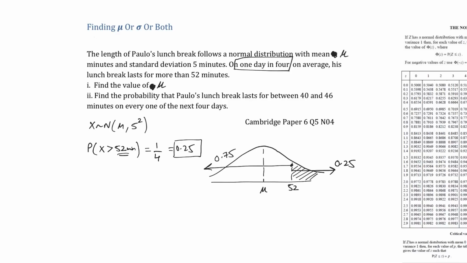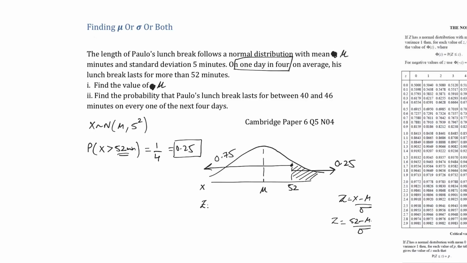Now these are the x values. For the z value, you will use the transformation z equals x minus mu over sigma, and 52 minus mu over sigma would be equal to the z value. But we don't have mu, so we cannot calculate the z value first.